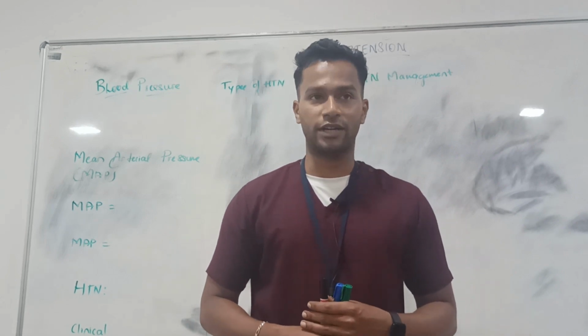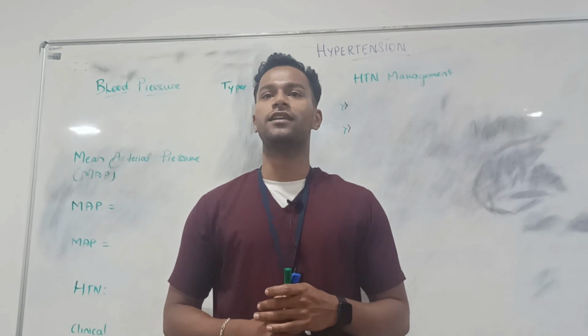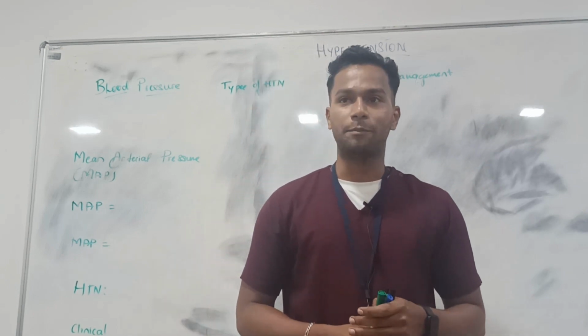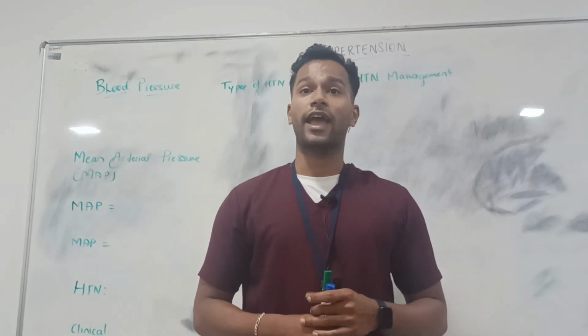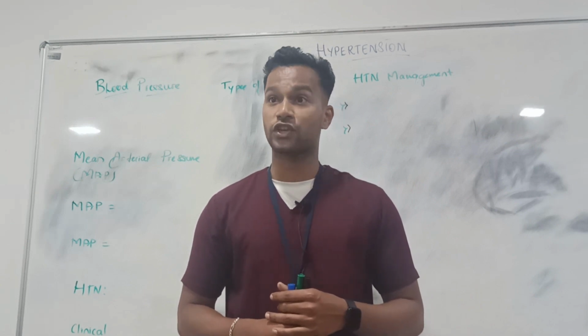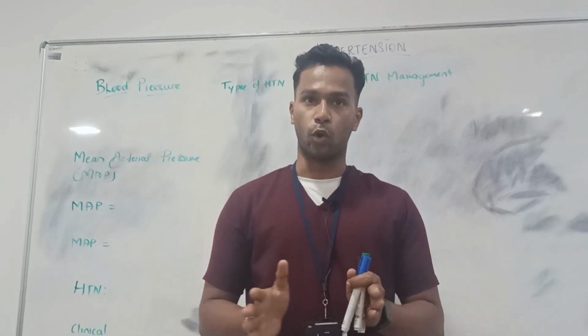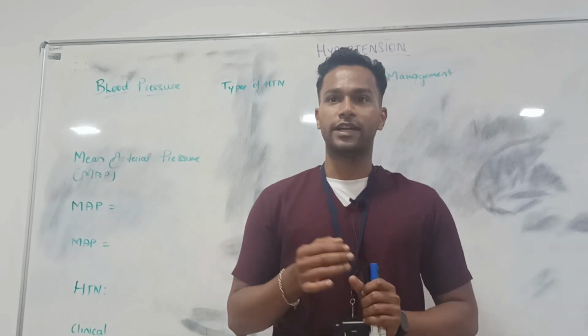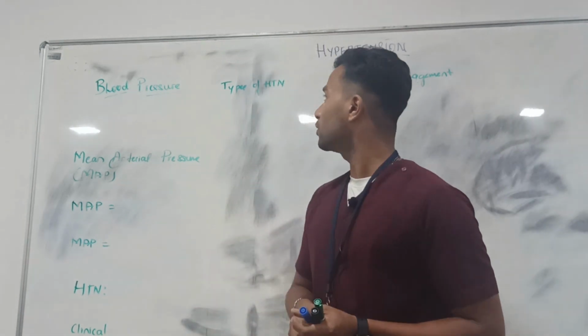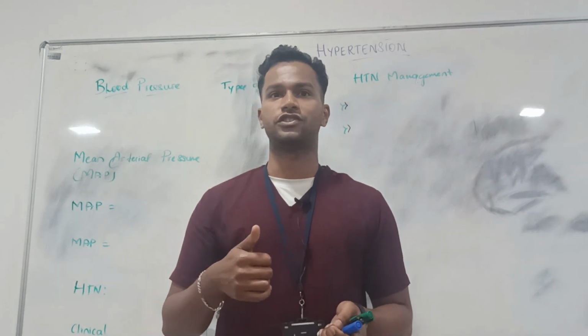So what is hypertension? Hypertension is where there is an elevated blood pressure. It can be elevation of systolic blood pressure alone, elevation of diastolic blood pressure alone, or both. That is hypertension. So what are the types of hypertension generally?